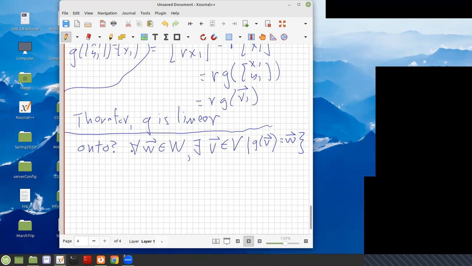So for all W's, let's choose a W equal to, say, X, Y arbitrary. That's an arbitrary element of the codomain. Well, we have to find one that maps to it.